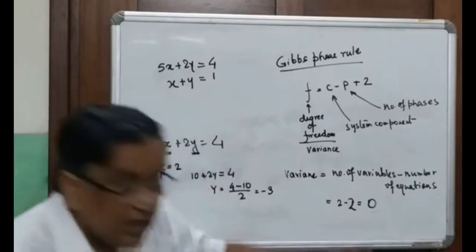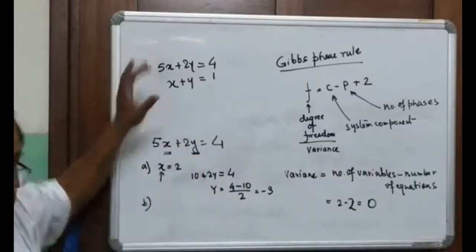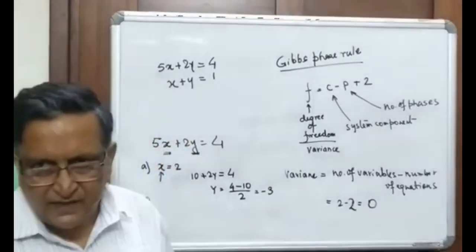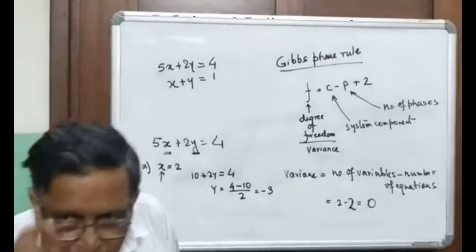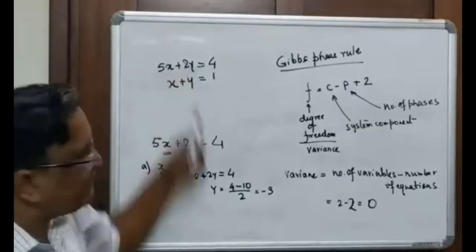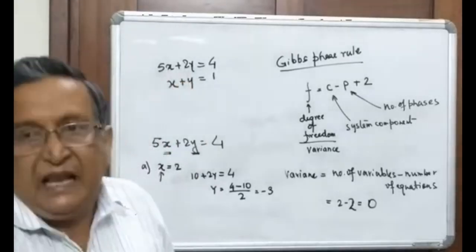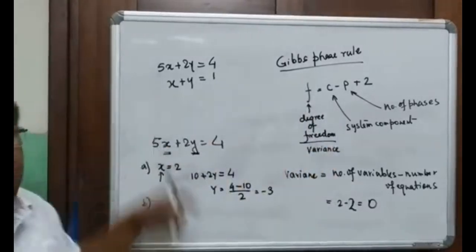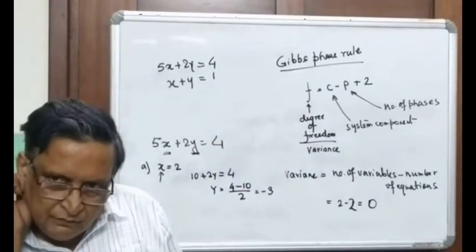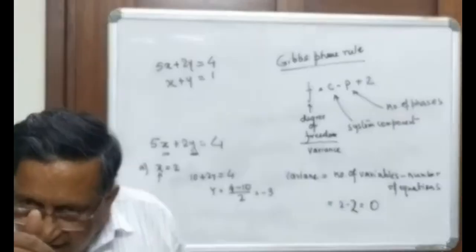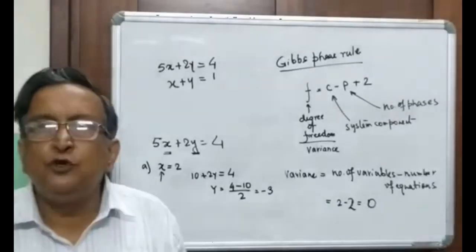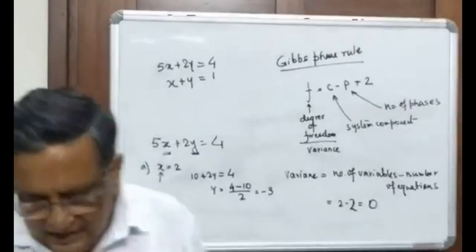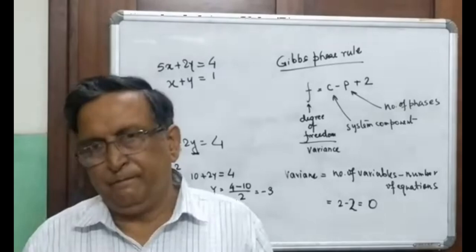Now it says that with the information you have given, the system can find numerical values for the variables by itself. For the equations you have given, the system can find its value. You don't need to get some inputs from others. It is built in the system.